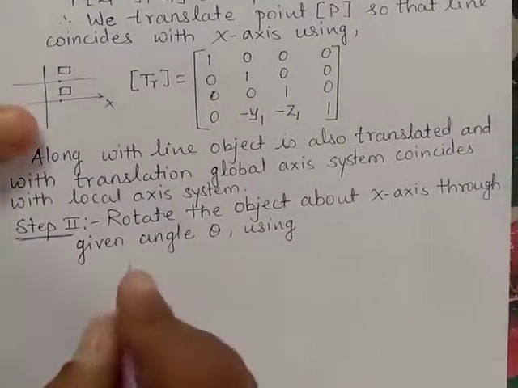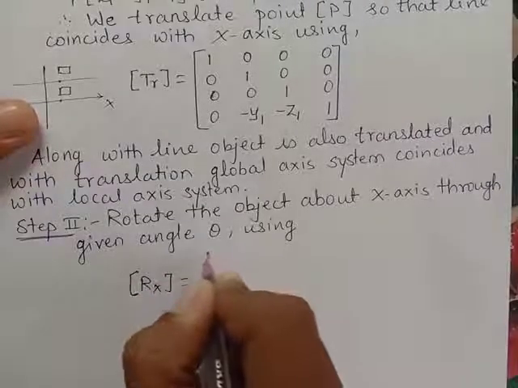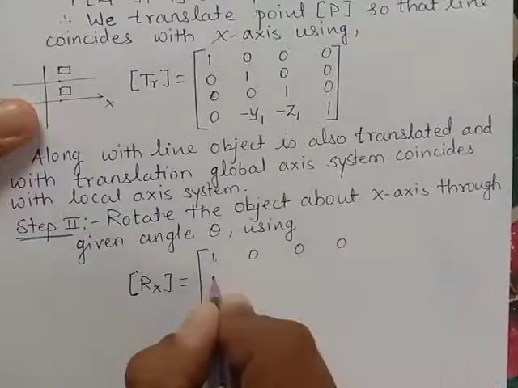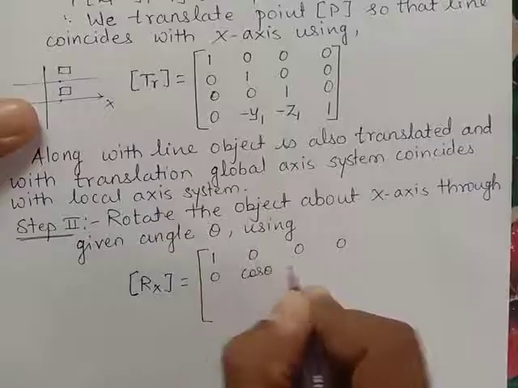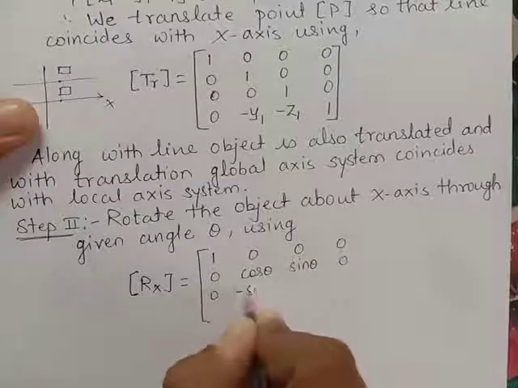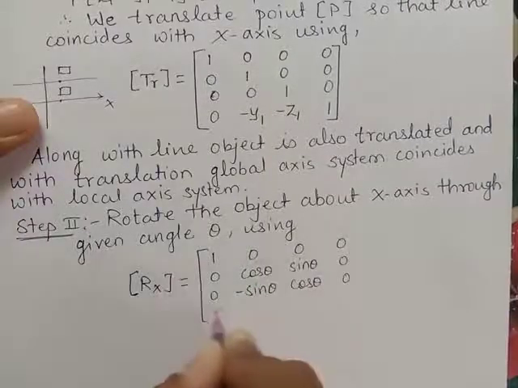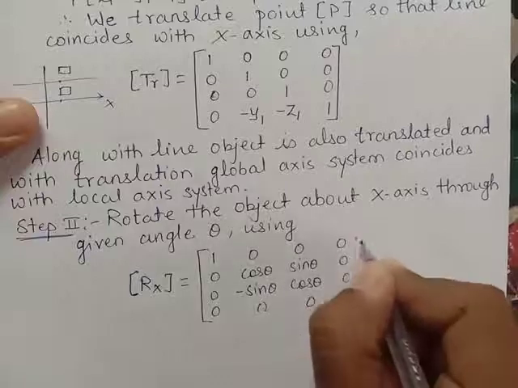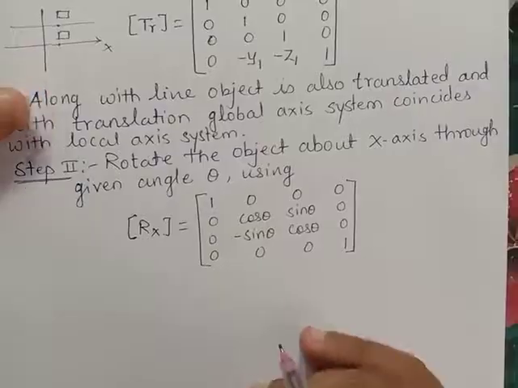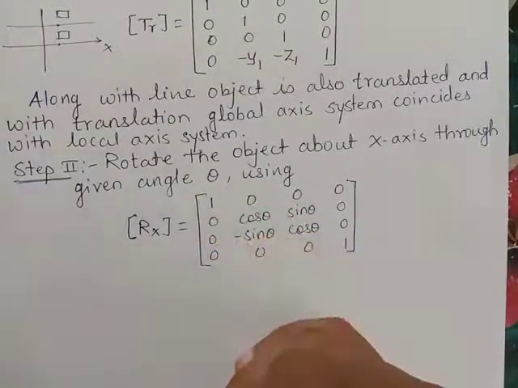Rotation about the x-axis is Rx. You know that matrix, it is a standard matrix: 1 0 0 0, 0 cos theta sin theta 0, 0 minus sin theta cos theta 0, 0 0 0 1, right? So we have rotated the object about the x-axis.